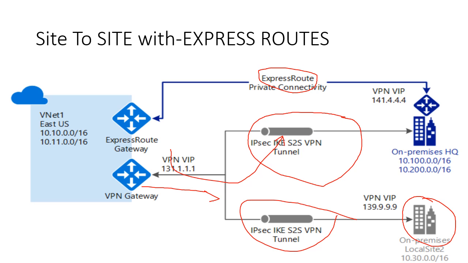It's a completely isolated site, and in that kind of scenario you can also use this. So there are two different scenarios where you can use it. One is for backup of your ExpressRoute, or you can keep one site separate which is not connected through ExpressRoute. So that's all.